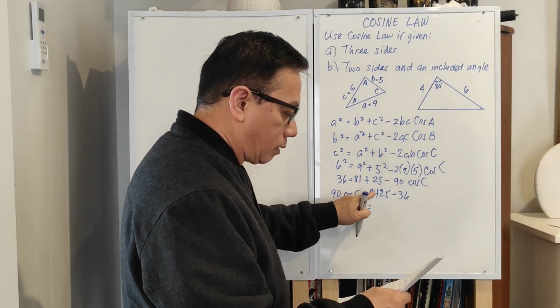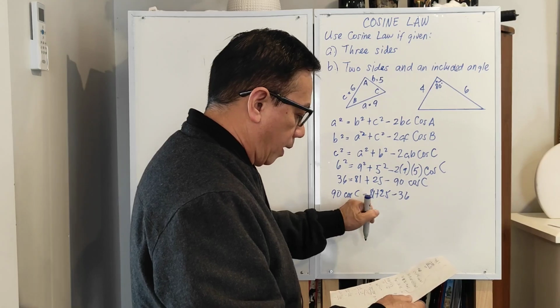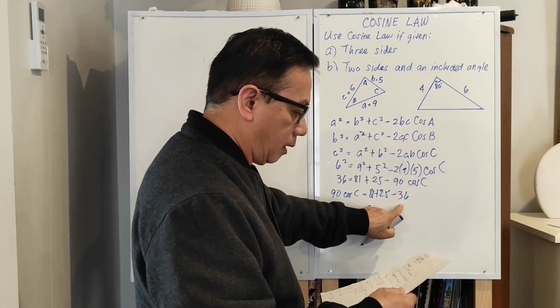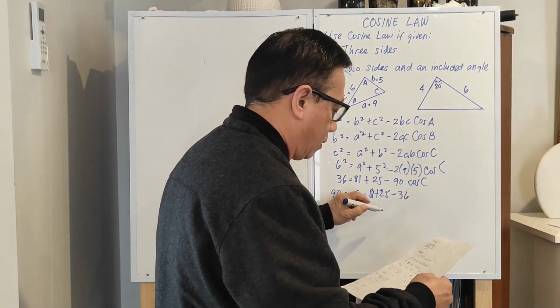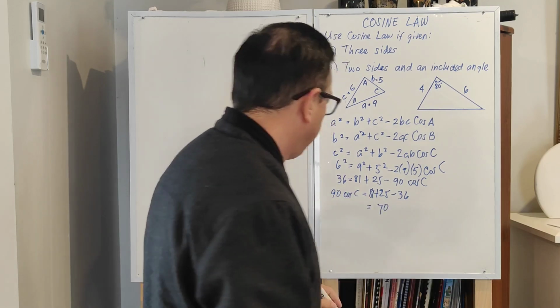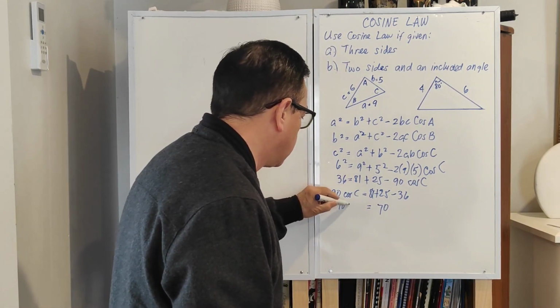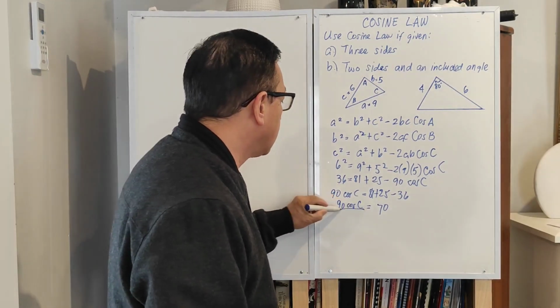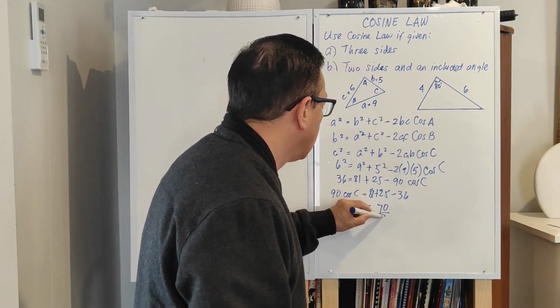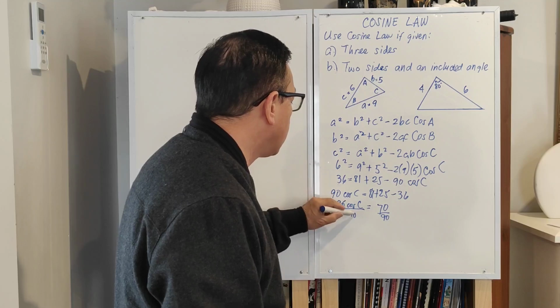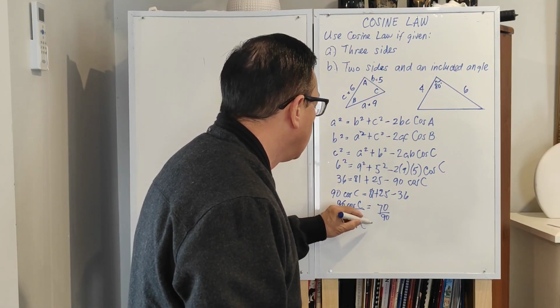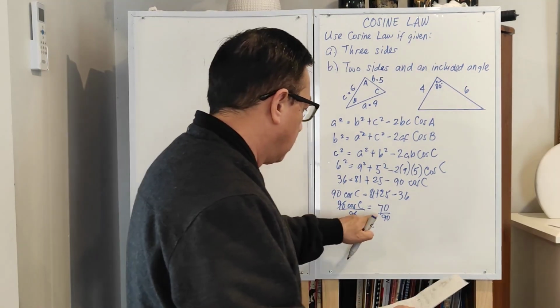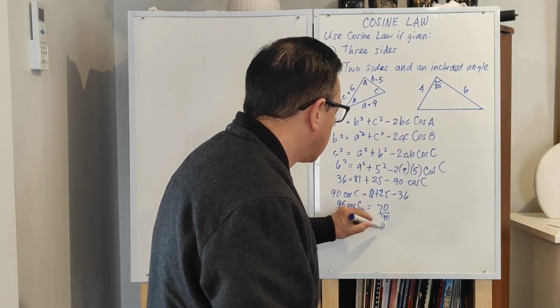Now 81 plus 25 minus 36 will be 70. So it's still 90 cosine C. So now to remove 90, we divide 90 on both sides. So this will cancel out. So cosine C is equal to 70 over 90, which is 0.77.